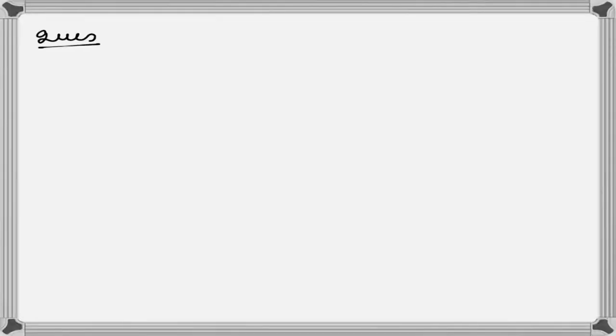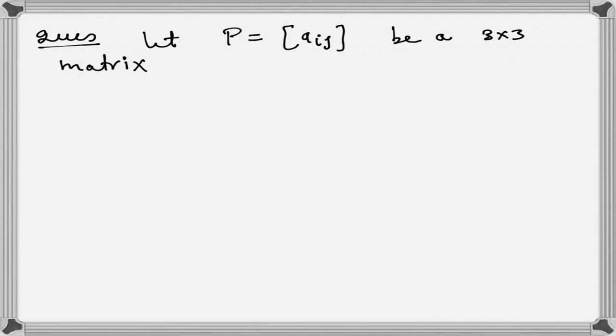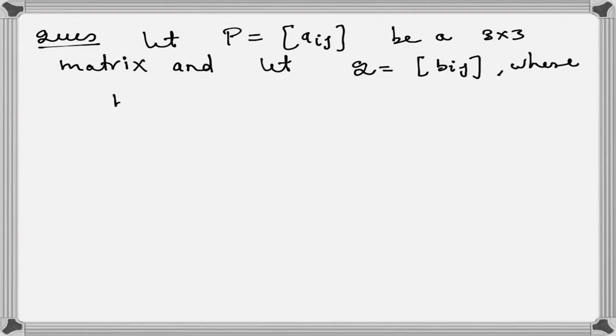Okay, so let's solve another problem. The question is, let P equals to [Aij] be a 3 cross 3 matrix, and let Q equals [Bij], where Bij is equals to 2 to the power i plus j times Aij, where this i and j are between 1 and 3.